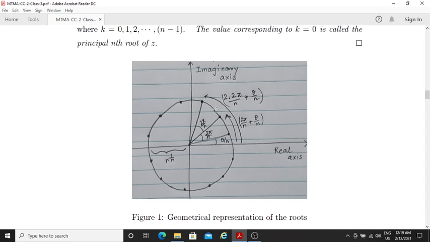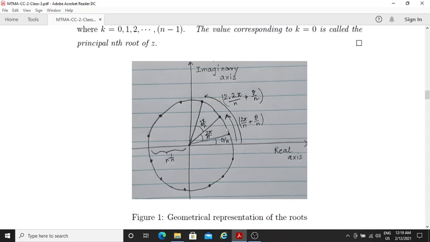If you rotate again by 2 pi by n along the circle, you get the third root, corresponding to k equals 2. So k denotes how many times you are applying the rotation by angle 2 pi by n.